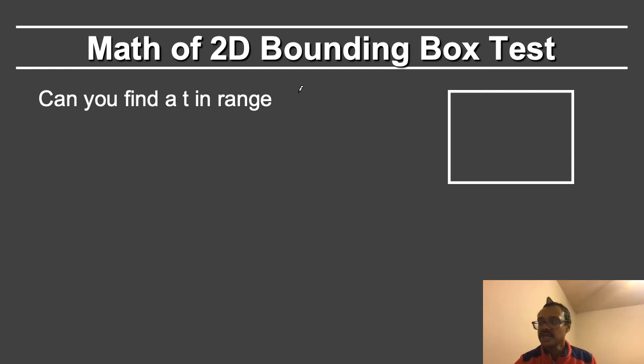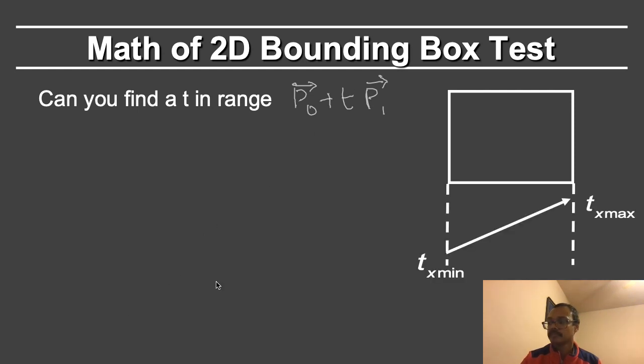A ray can in general be written in this form, where P0 is the original location and P1 is a vector which is the direction vector corresponding to the direction in which the ray propagates. We are interested in finding the t at which the ray intersects the box.